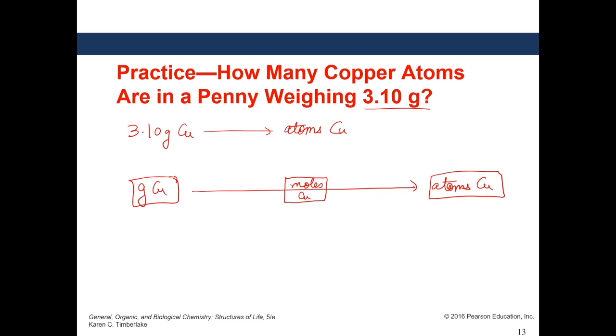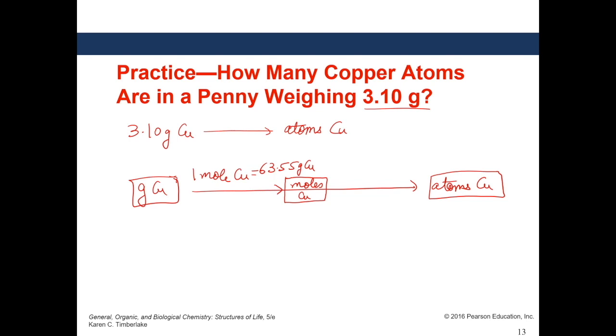And then from moles of copper, we can go to atoms of copper. So that would be our scheme in this case. So how can we go from grams to moles? We know that 1 mole of copper, if you look at your periodic table, is equal to 63.55 grams of copper. So that is our conversion factor.